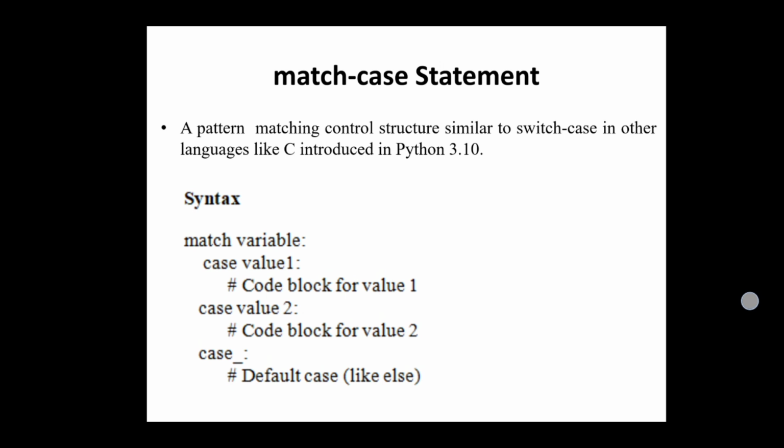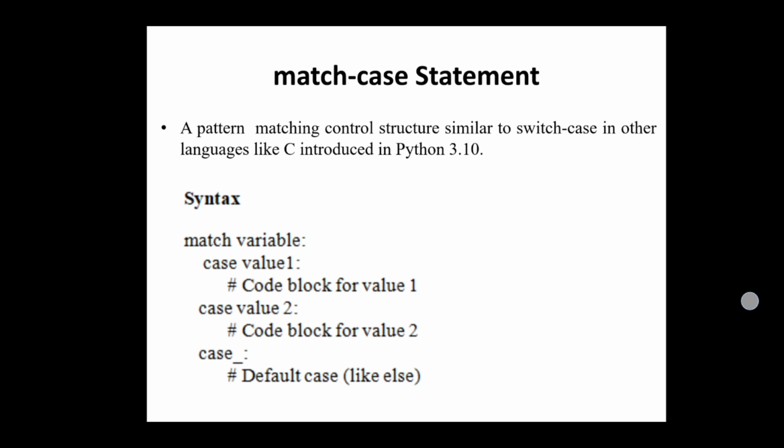Welcome, listener. Today we will discuss the match case statement. In previous lectures, we already told you Python does not have a switch case statement, but a pattern matching control structure similar to switch case in other languages like C was introduced in Python 3.10 and higher versions.